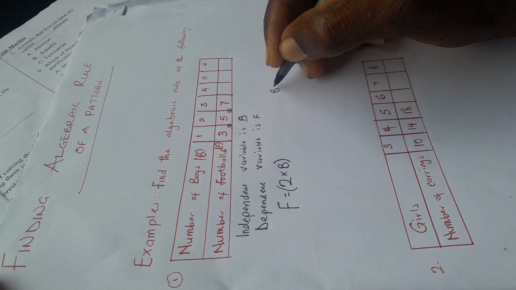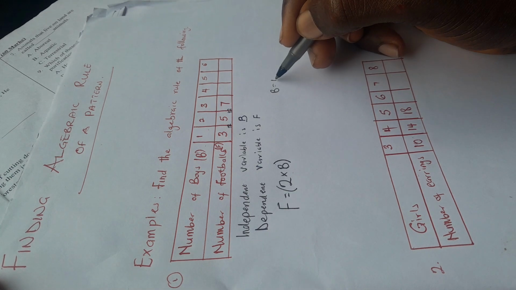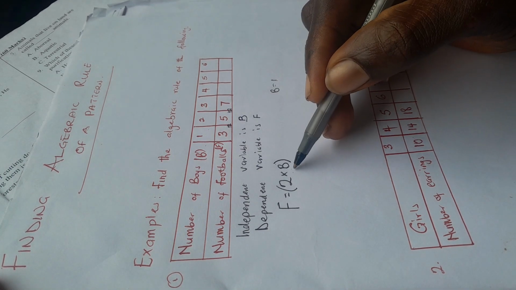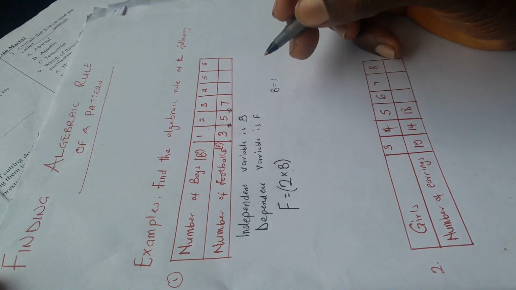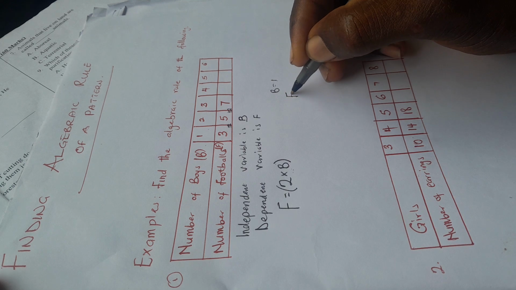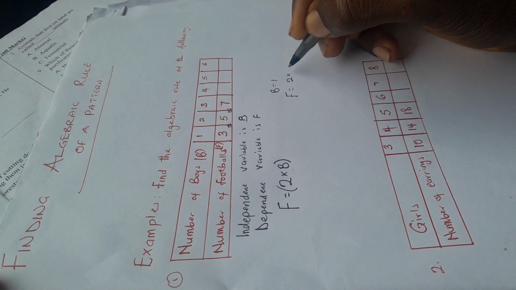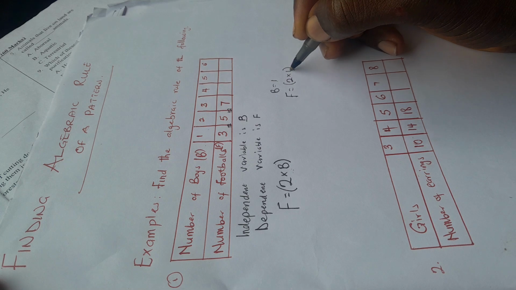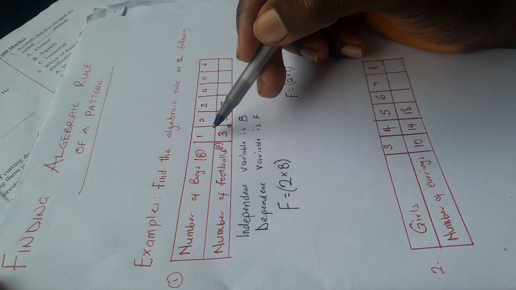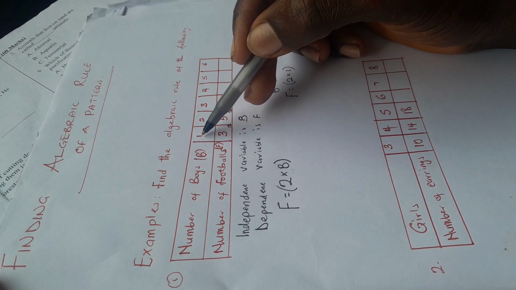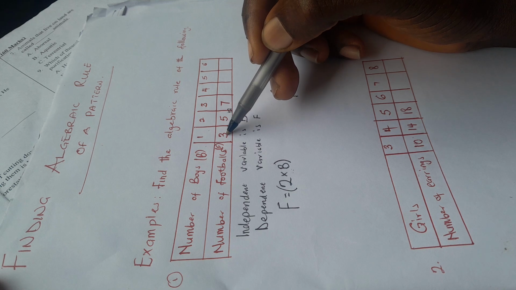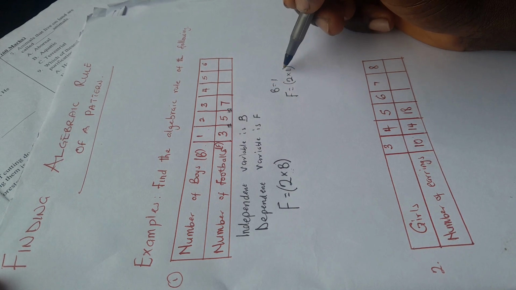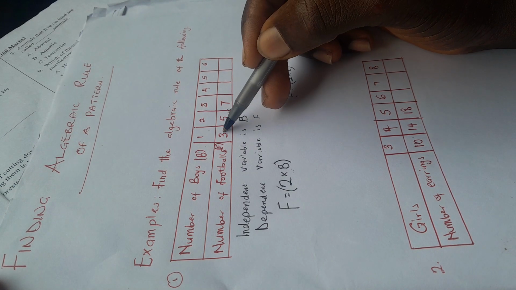We replace B with 1 in the formula that we've gotten. So we get F equal to 2 times 1, and 2 times 1 is 2. But from the table, when B is 1, F is 3. So we have to adjust our rule to match up with the table.